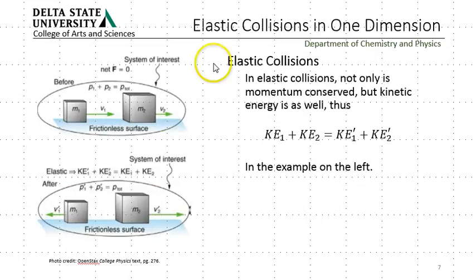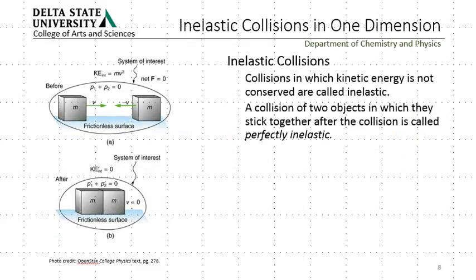In elastic collisions, total kinetic energy before and total kinetic energy afterwards are the same. And in inelastic collisions, the kinetic energy changes from before to after. Kinetic energy is not conserved. All right, that's it for part 1 of chapter 8.